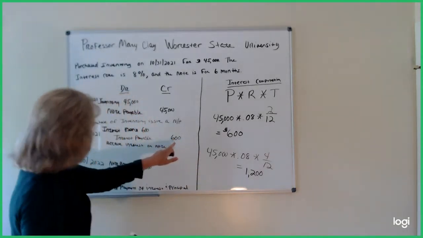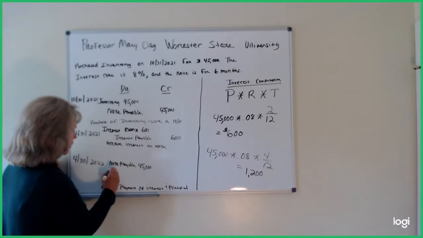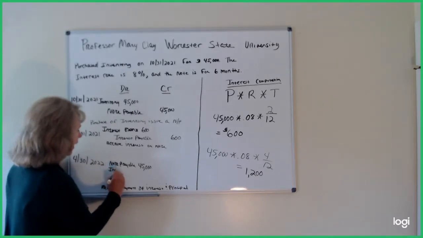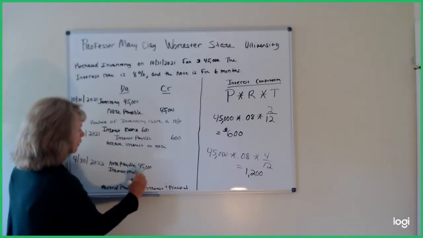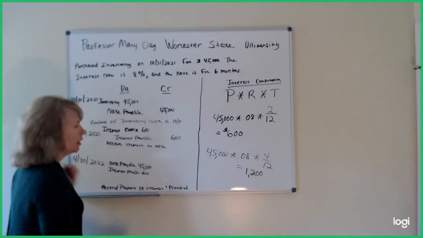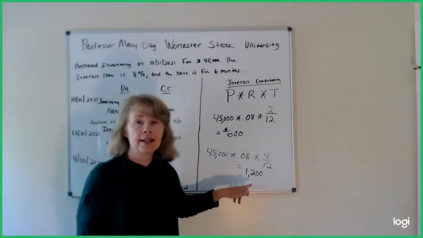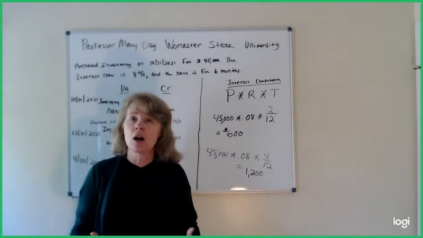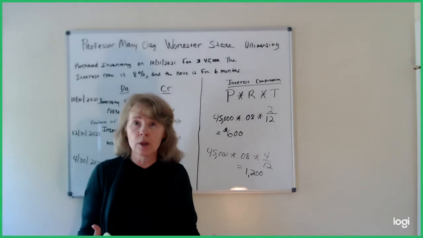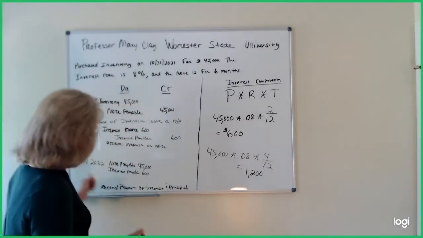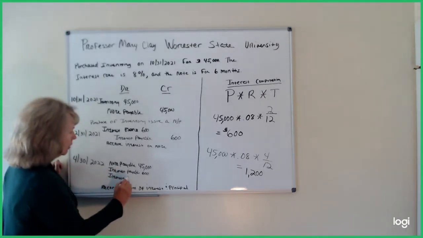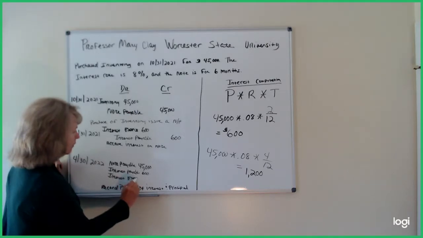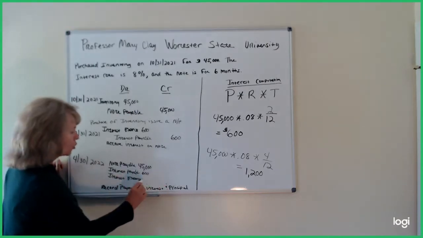So I debit interest payable. That's clearing that account out for $600. Now I need to recognize the interest expense for 2022. So I debit interest expense for $1,200.